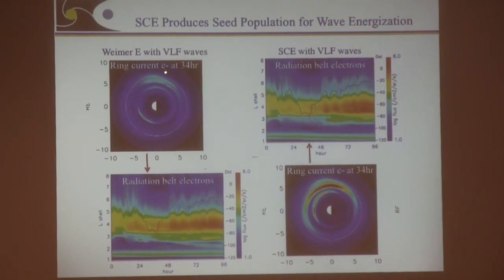You can see the difference between these two plots. With the self-consistent field, we got stronger ring current electron, and this will provide a strong seed population for the wave diffusion, wave energization. That's why we got stronger enhancement for the radiation belt electron during the recovery phase.